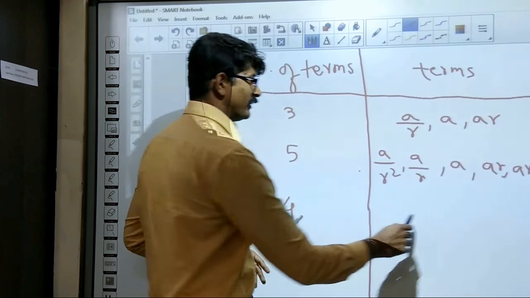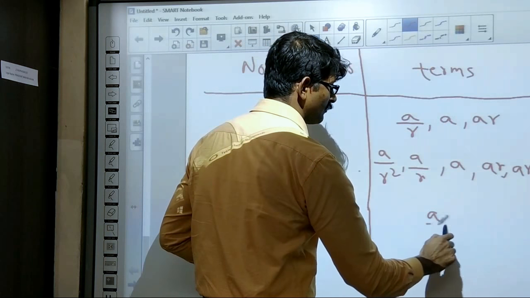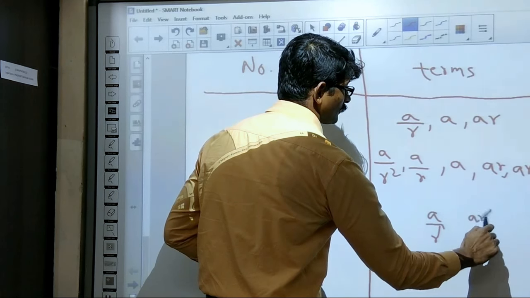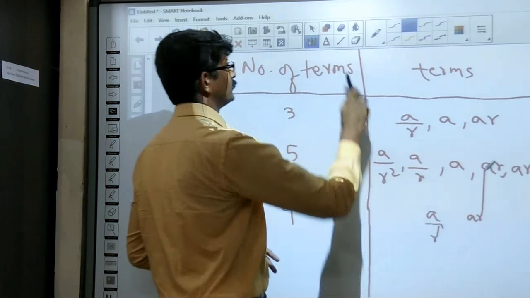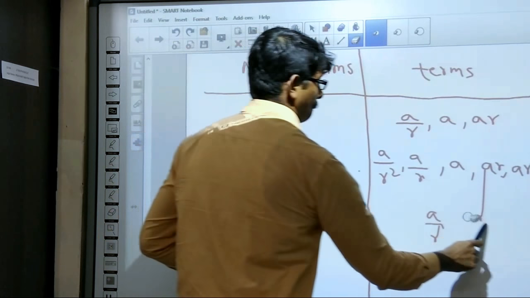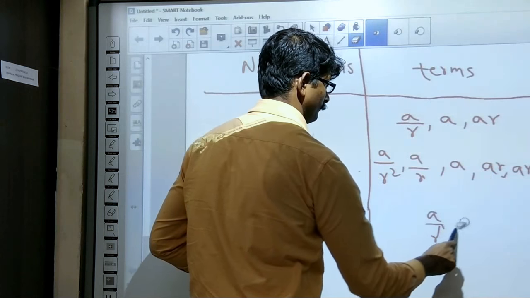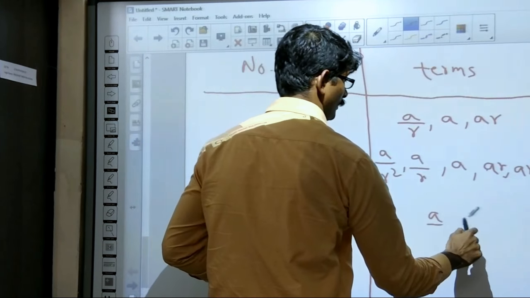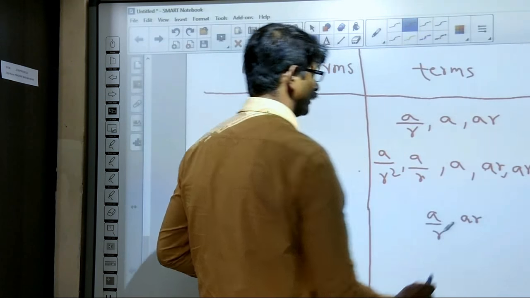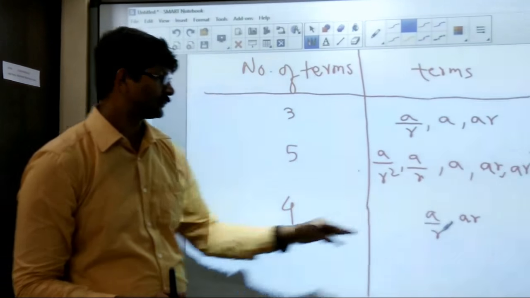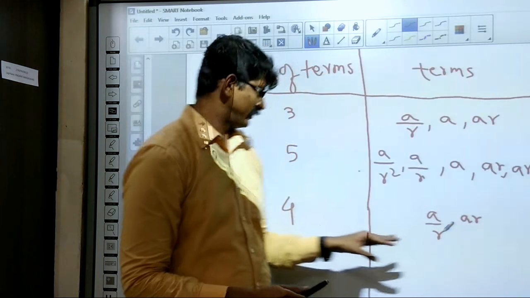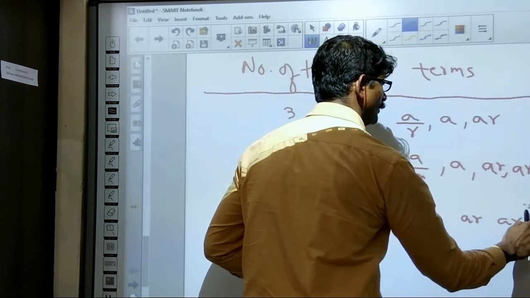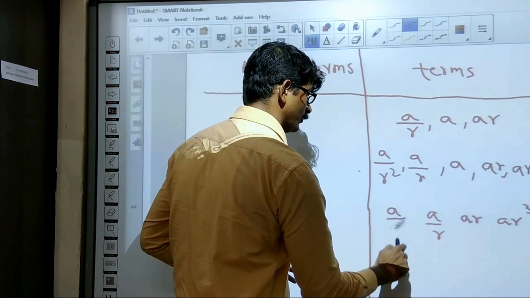Then our middle two terms would be AR and A by R. I'm choosing four terms, so the next terms will become AR cube and A by R cube.